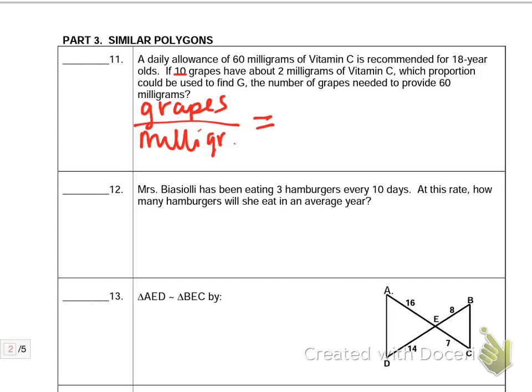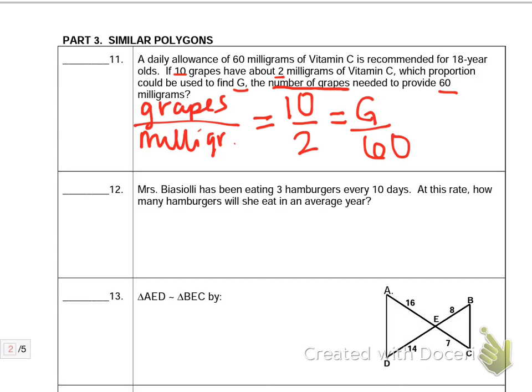So I know I have 10 grapes for 2 milligrams. So, sorry, that should be 10 grapes over 2 milligrams. Set that equal to a proportion to find G, my number of grapes. So I don't know what my number of grapes is, and I already said here I'm going to make a G. And then to provide 60 milligrams over 60. Now this problem is not asking you to solve, it's just asking you to set up the proportion. So that's going to be your proportion.